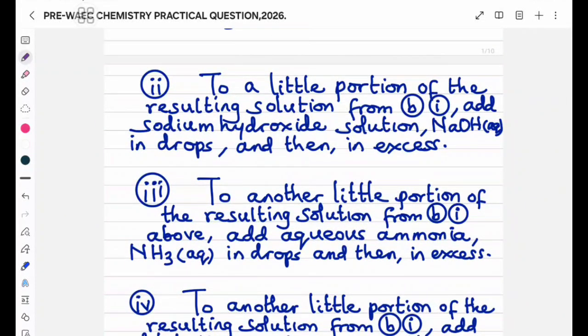Why perform this test? These are some things you will notice. When you add a dilute acid to the residue in the boiling tube, the substance will not dissolve completely. Take note of what I'm saying. The residue will not dissolve completely in the acid, but there will be evidence of reaction.